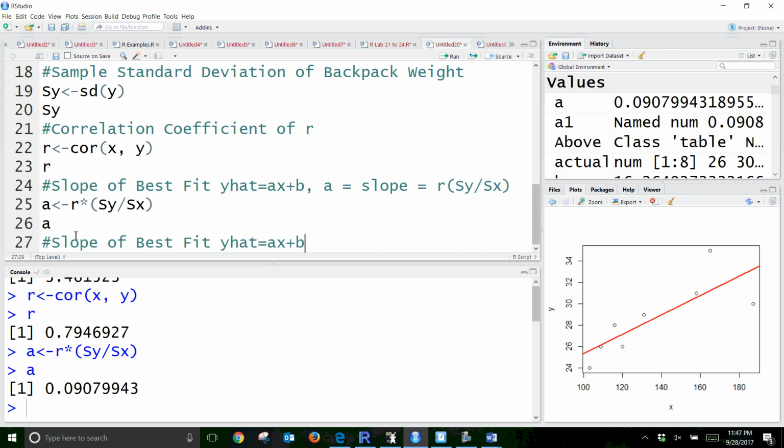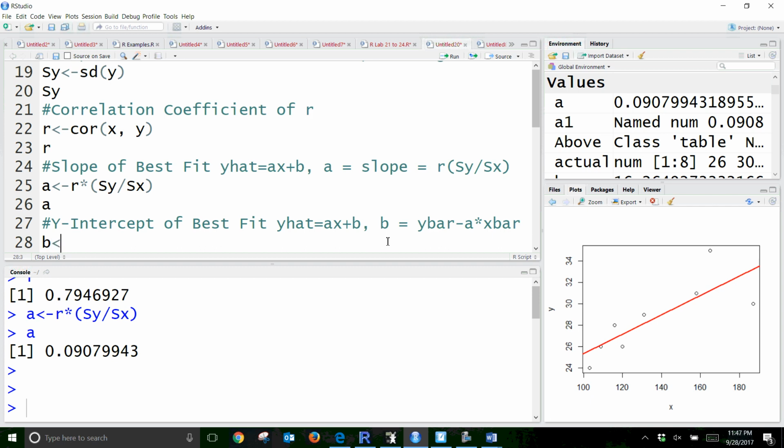Okay, now we want to find the y-intercept of the best fit line. So b is equal to y bar minus a times x bar, where a is the slope we just found.